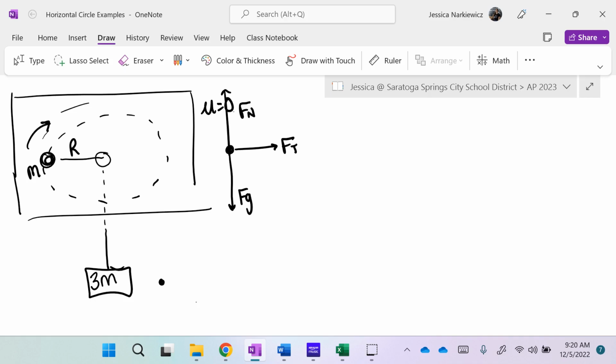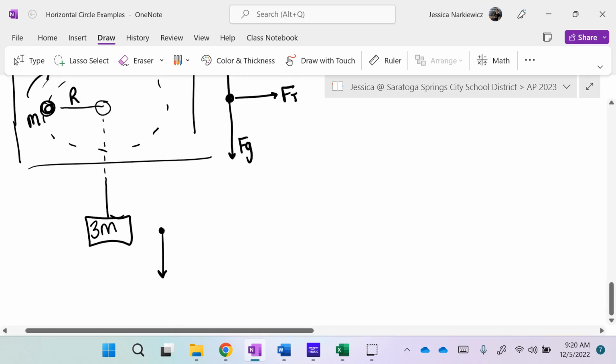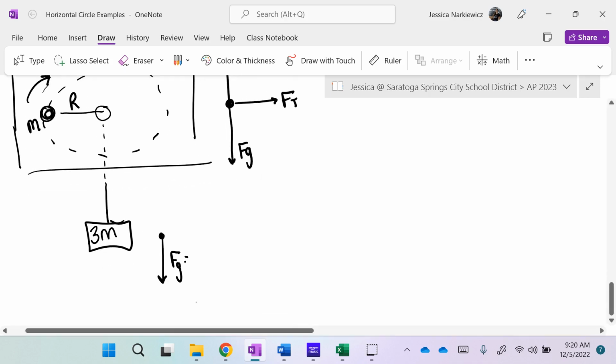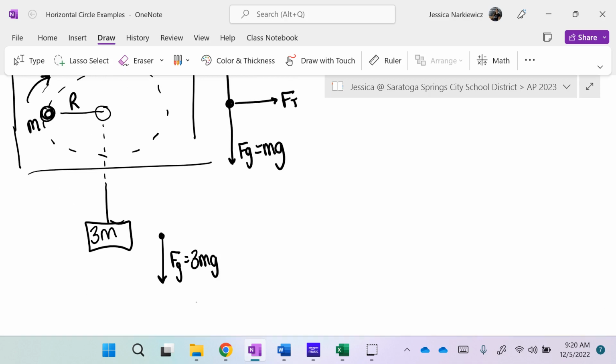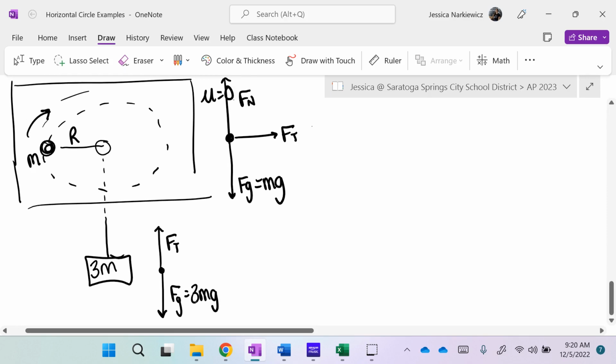And then acting on this 3m mass, I have a force of gravity, which is going to equal 3mg. Right, and this Fg is going to equal mg. And I have a tension. Now in this situation, this object is moving in a circle, but this object is at rest.